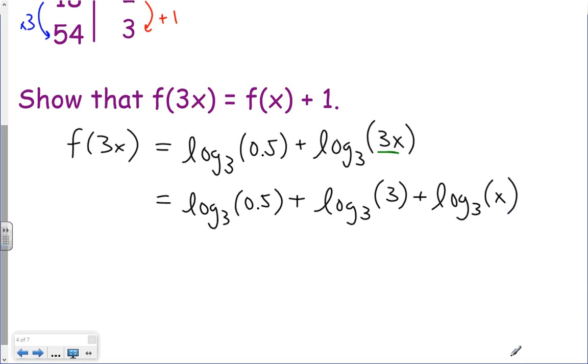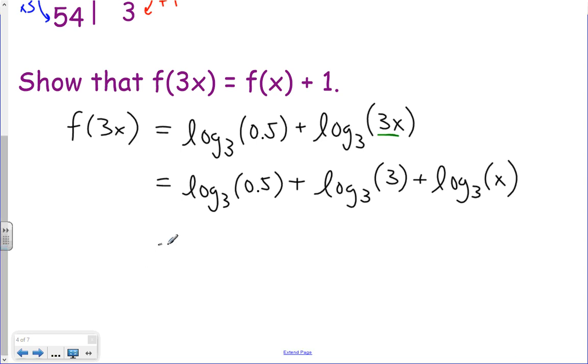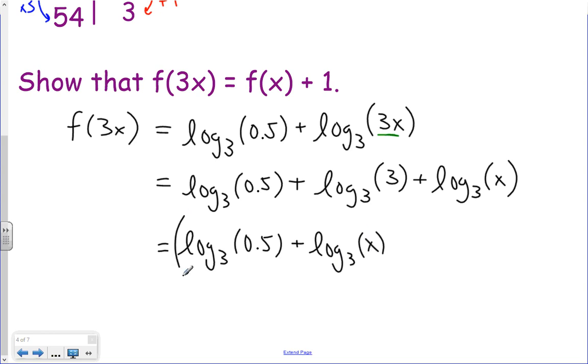And now let's reassociate these terms in the order that I want them. I want the first term, log base 3 of 0.5, and I'll take the last term, log base 3 of x. I'll put those in parentheses because I'm going to put those together. And then the middle term is what's left.